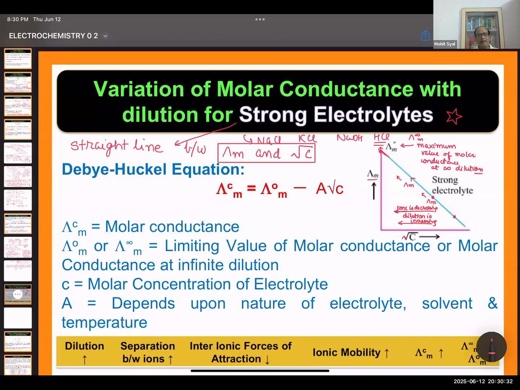Is it clear? This is the straight line graph, and this is the y-intercept. The y-intercept is the maximum value that lambda can have. And you know y equals mx plus c. On the y-axis you have the molar conductance, on the x-axis you have the square root of concentration.